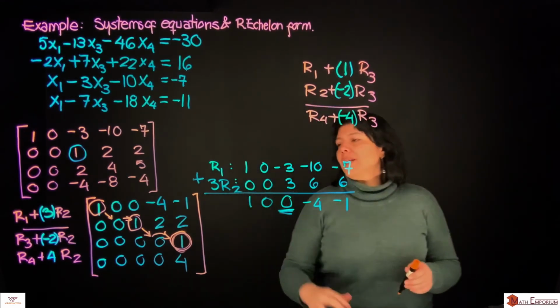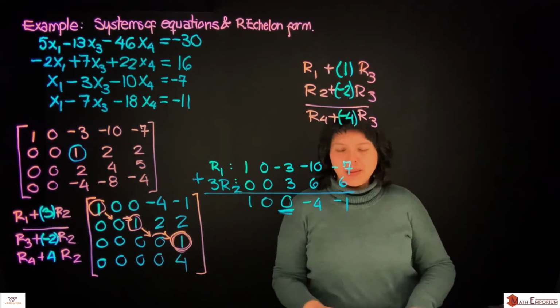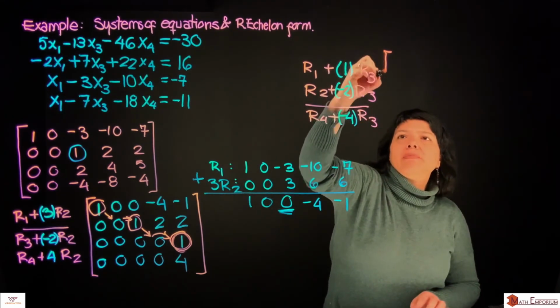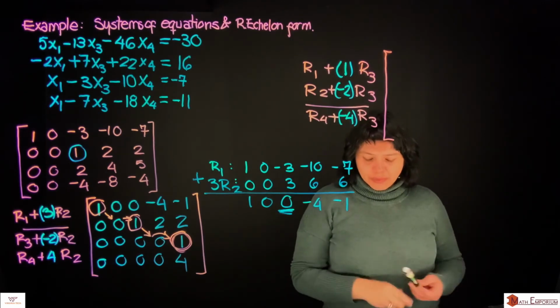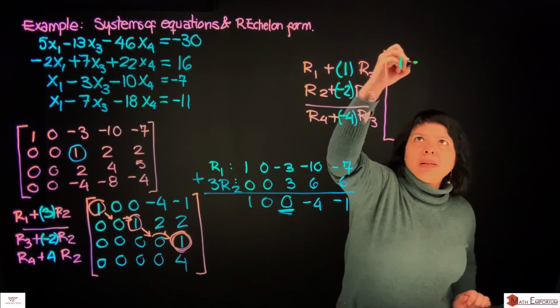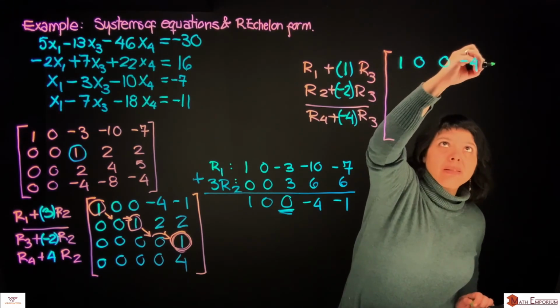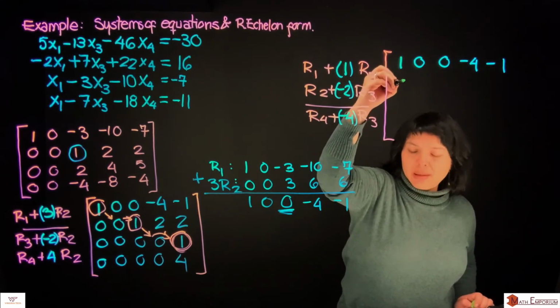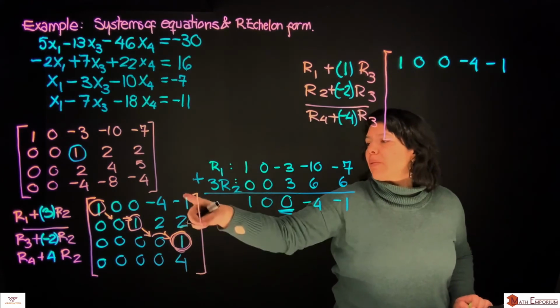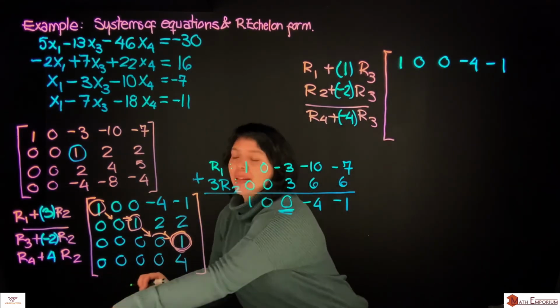And to make this 0, I need to multiply row 3 times negative 4. And again, doing similar operations to this is what you would get. So you would get 1, 0, 0, negative 4, negative 1, and then basically the same, but now with zeros here, not negative 1.